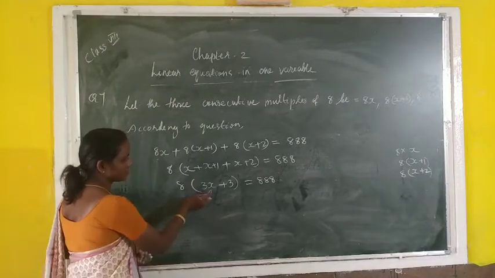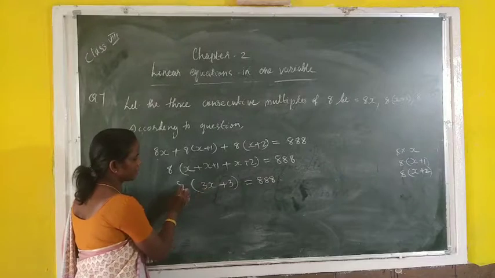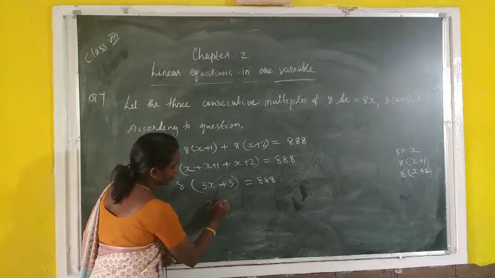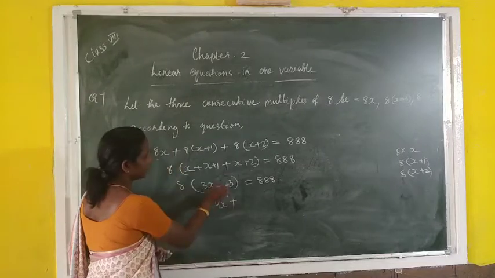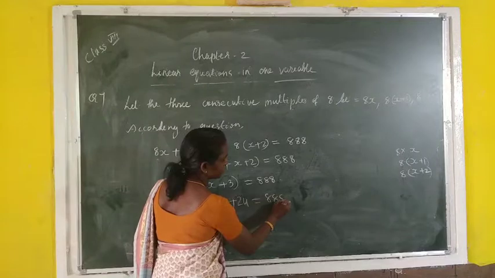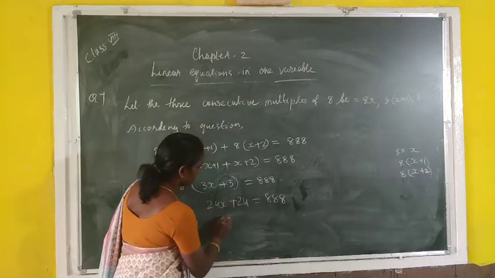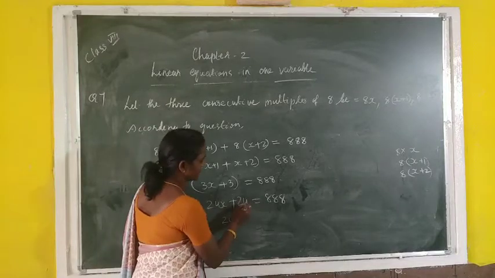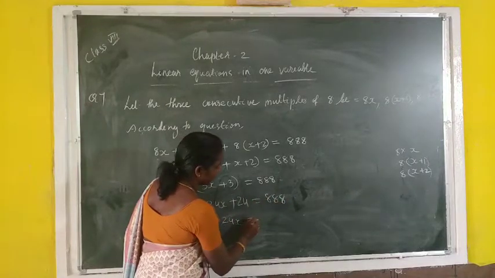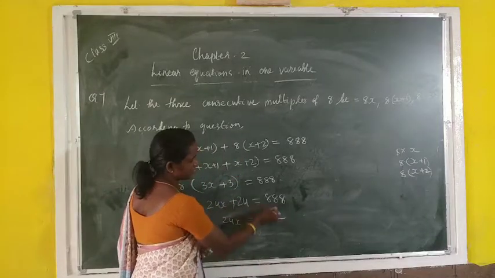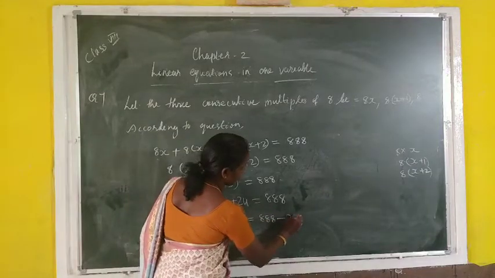Then we know the outside number multiplies by the inside numbers. So first 3x, then 8 multiplied by 3x, we get 24x plus 8 3s are 24, is equal to 888. Then 24x stays on the left side of the equation and this 24 goes to the right side, is equal to 888 minus, positive changes into negative, so 24.